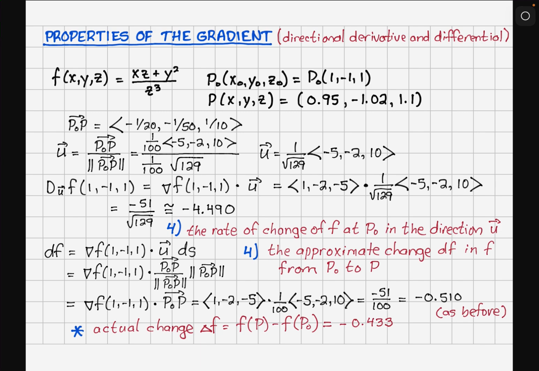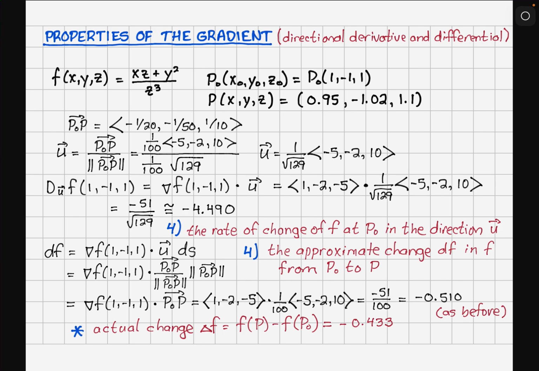So the directional derivative, the derivative of f in the direction of u at the point (1, -1, 1), is the gradient of f dotted with u. We can calculate minus 51 over the square root of 129. This is negative 4.490.